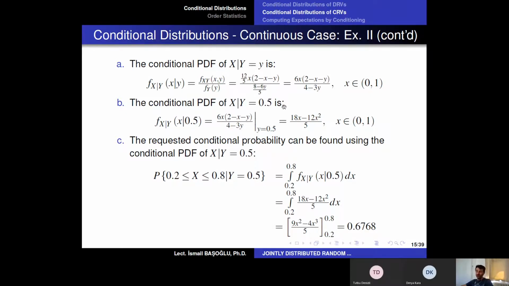To calculate such a conditional probability, defined over an interval for a continuous random variable, we integrate its conditional probability density function from 0.2 to 0.8, conditioned on y equal to 0.5, which is exactly the function we see in part B. After the integral of the conditional PDF, we get 0.6768 as a result.